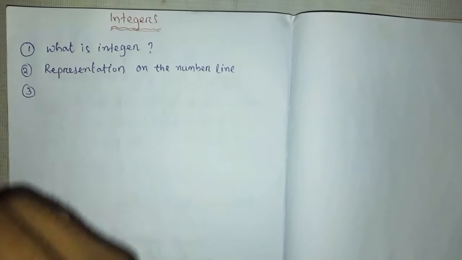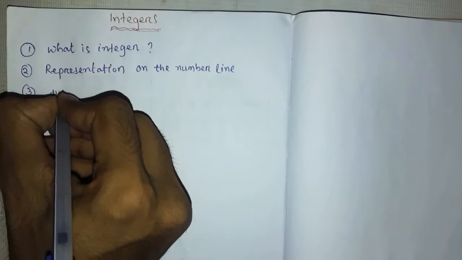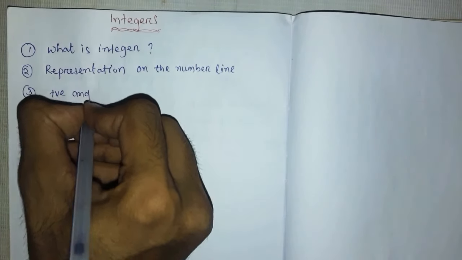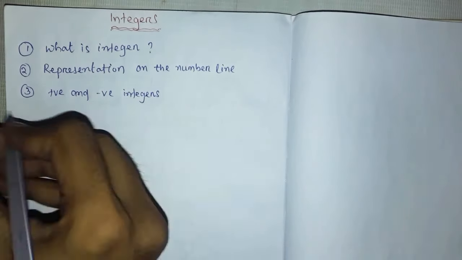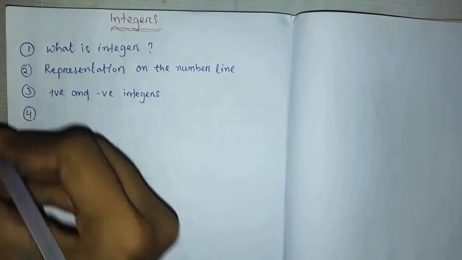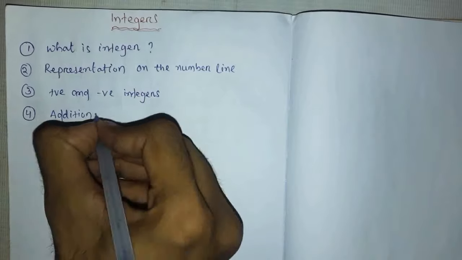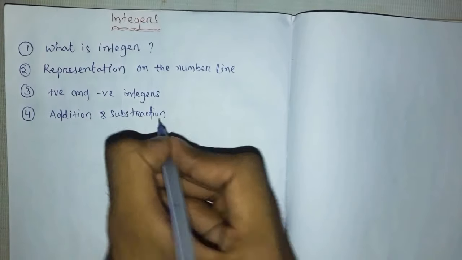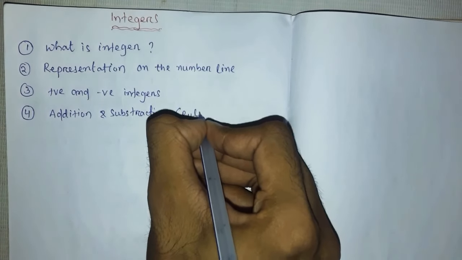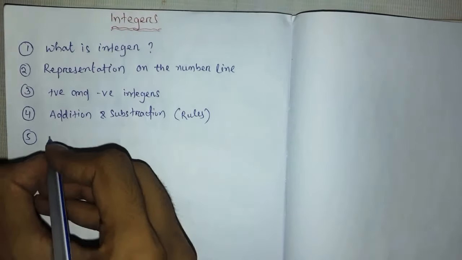Then the third one we will learn is the positive and negative integers, and then we will learn addition and subtraction of those integers along with some rules, and then after we will learn the properties of integers.